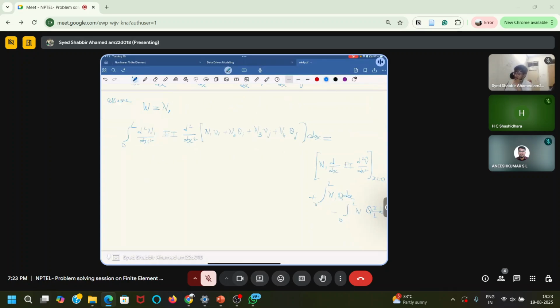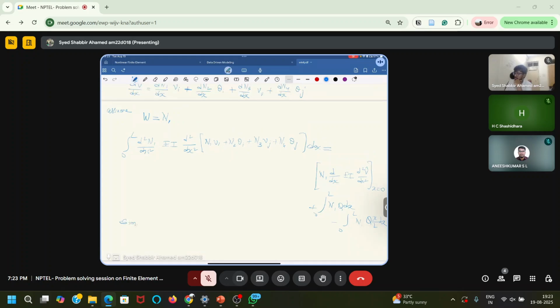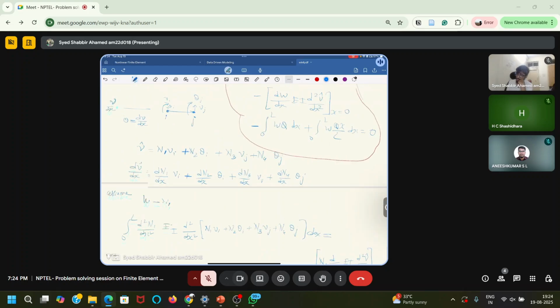Similarly, we can take W is equal to N2, W is equal to N3, and W is equal to N4. There will be some slight changes. Here we are getting this term. If you take W is equal to N2, you will get another term.